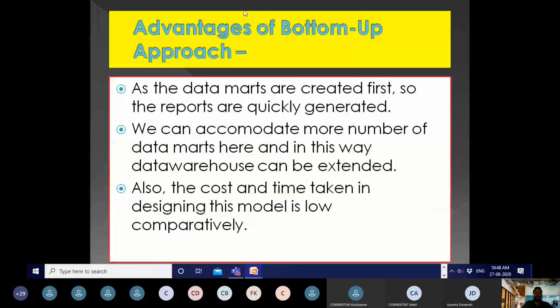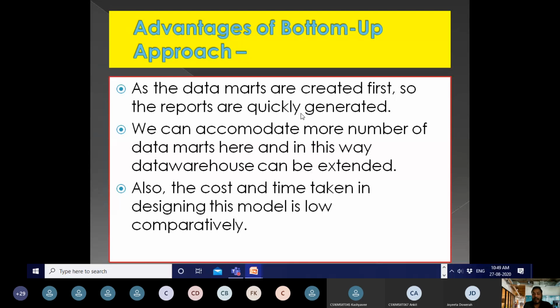So, can anyone tell me what the advantage of the bottom-up approach is? Okay. So data marts are created first, so reports can be quickly generated.